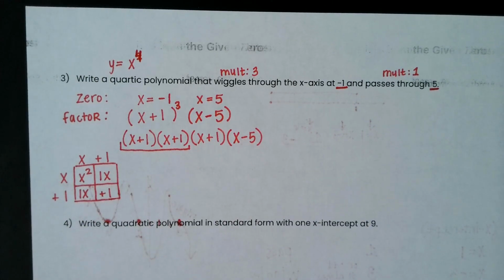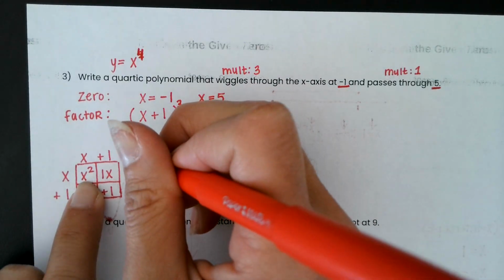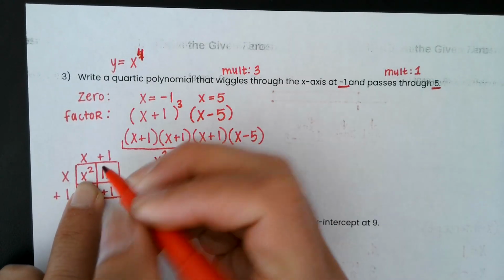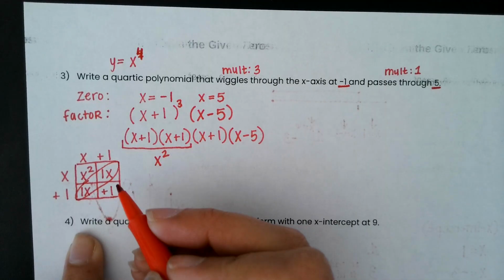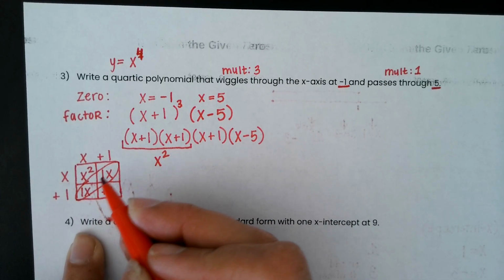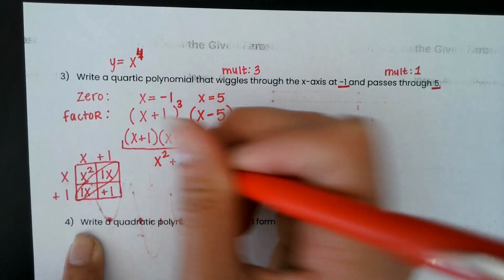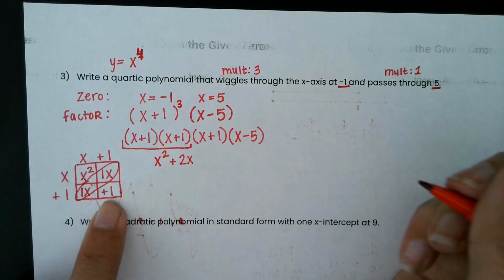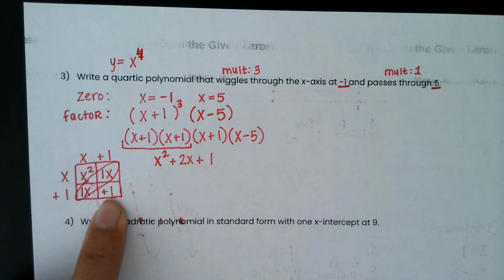So we get as the answer x squared. We put these two 1x's together, so 1x plus another 1x gives us positive 2x, and then a plus 1 on the end.